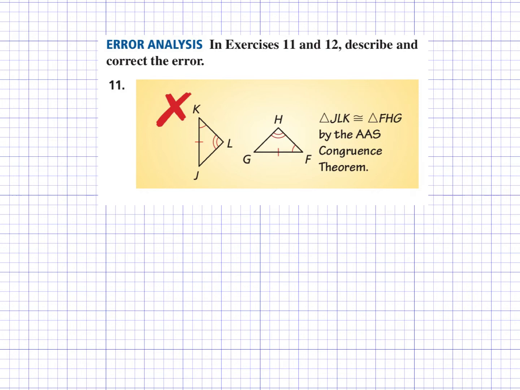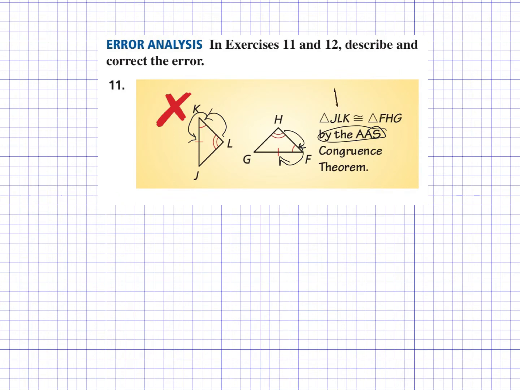Okay, so what did we do wrong here? We have angle, angle, side. If we go this direction, double, single, side, double, single, side. Okay, so that's working. But it says by the angle, angle, side. And so far, we're saying that's true. But now we look at the order.